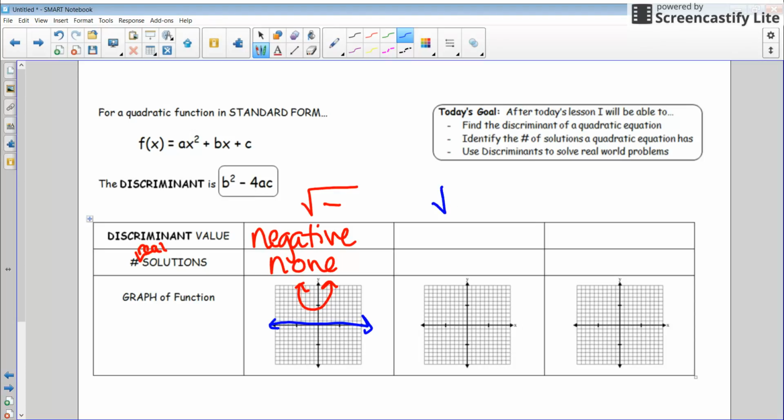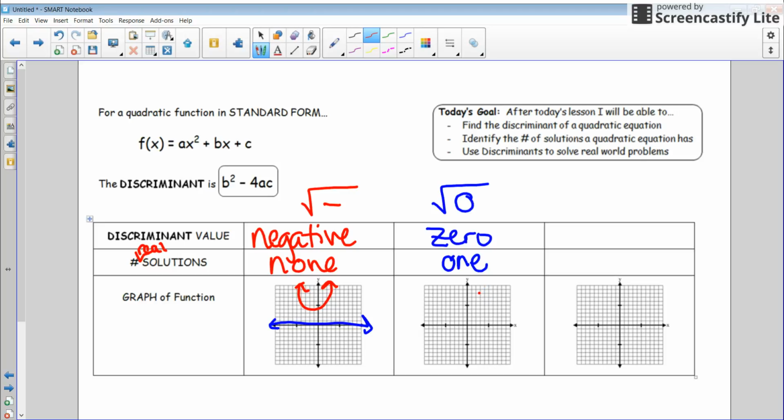If the number under the square root is 0, so if our discriminant value is 0, well, we know that the square root of 0 is just 0, which means that is the one solution. Obviously, the quadratic formula has other things around it, like the opposite of b, plus or minus, all over 2a, so your solution might not be 0, but there will be only one of them.